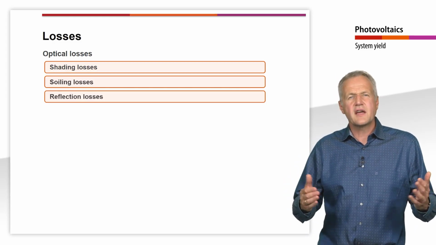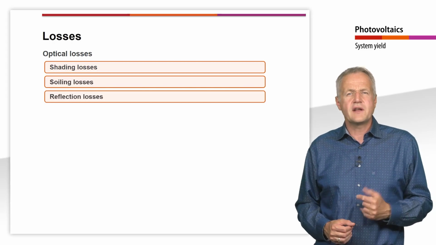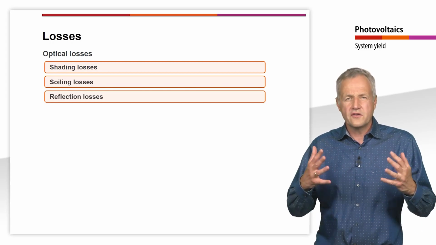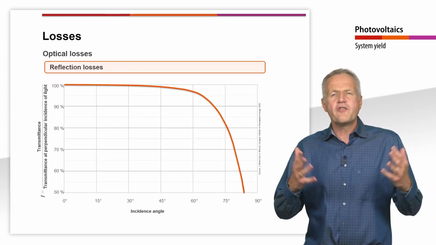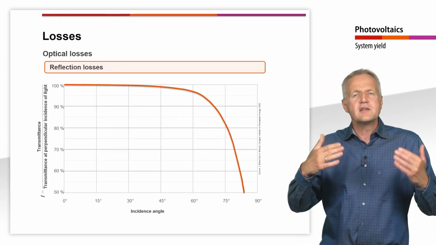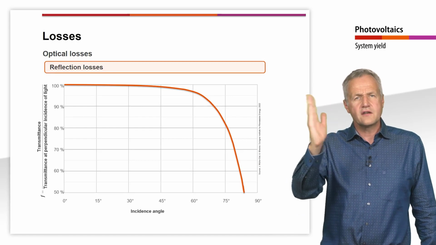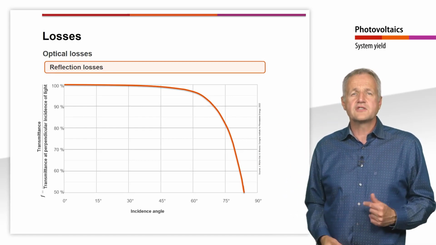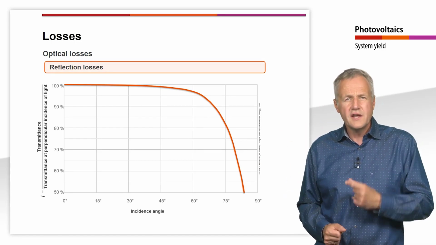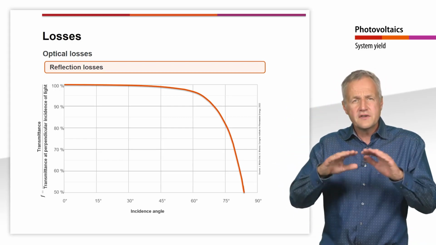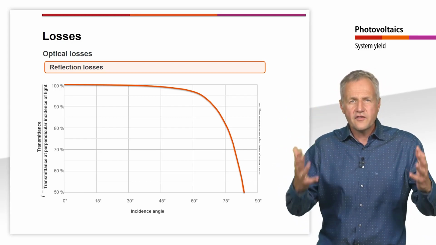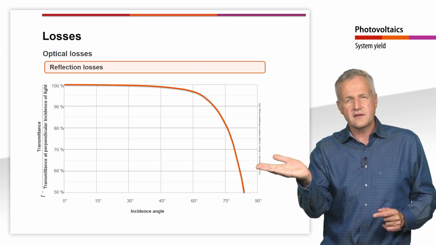The reflection can, of course, be reduced by an antireflective layer on the solar glass. However, the amount of light that is reflected depends on the angle of incidence of the light, even with antireflective coating. Shown here is the theoretical transmittance of a glass with an antireflective coating as a function of the angle of incidence.